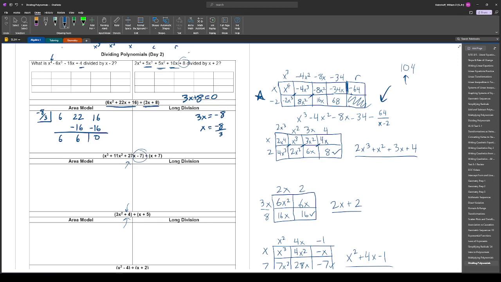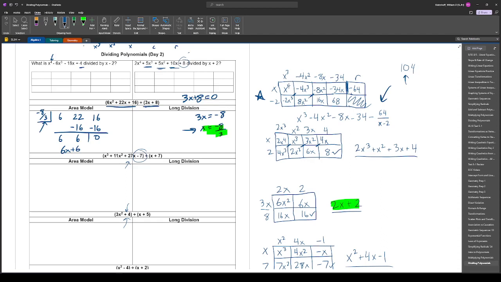But notice here, my answer looks like 6x plus 6. But we saw over here, using the area model, that the real answer is 2x plus 2. And the reason for that is we divided our divisor by 3. So the step we did right here to divide by 3, we can't do that because we're just dividing one expression by 3.